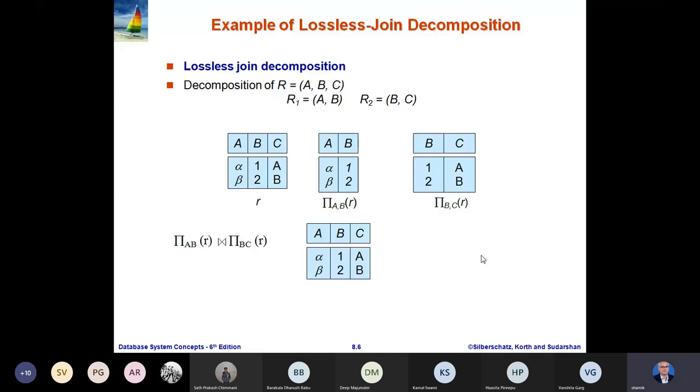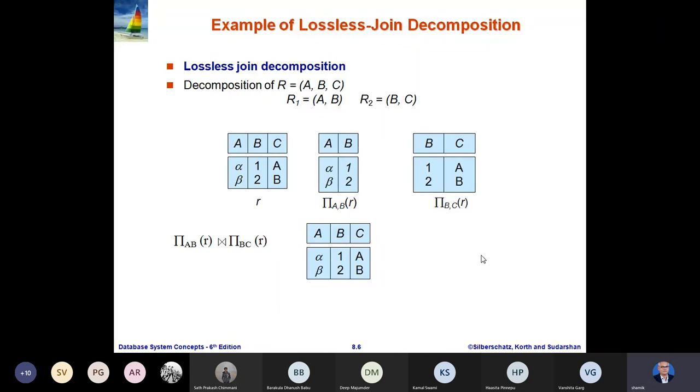So suppose we have this decomposition of R, ABC. So you see ABC are the columns of the relation R, and we decompose it into AB and BC. Okay, and so that decomposition you can denote in terms of this relational algebra expression of projection of pi AB R, and the other is pi BC R. So you see that is a compact way of representing what we mean by these two decompositions.